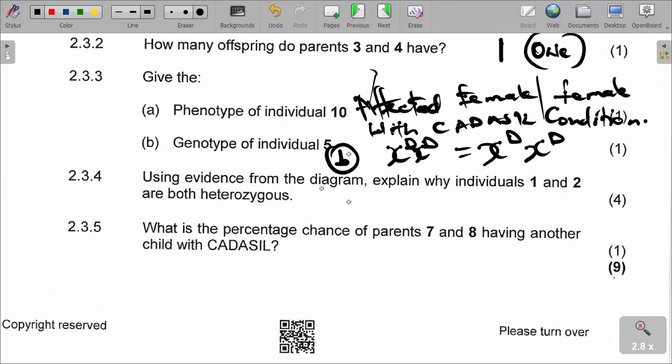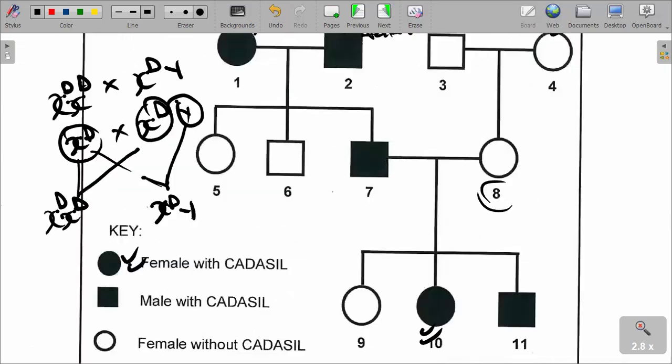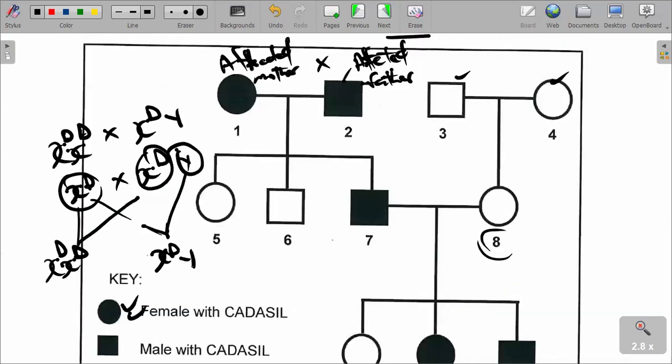Using evidence from the diagram, explain why individual 1 and 2 are both heterozygous.